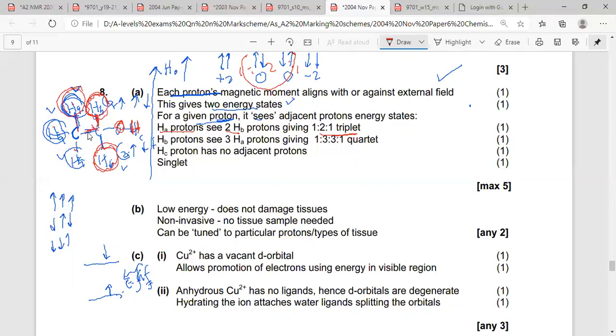That means HA is adjacent proton to HB, and they will affect each other. So this HB will see these three fellows here.